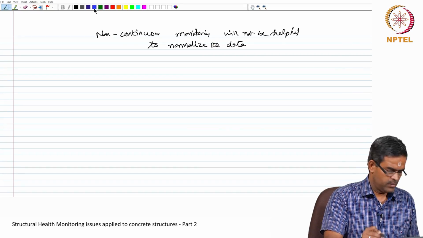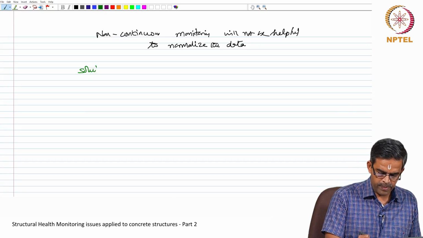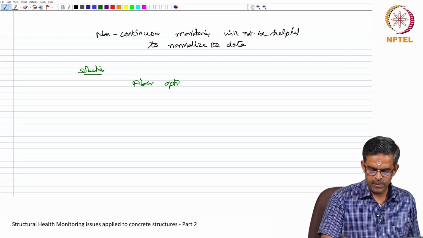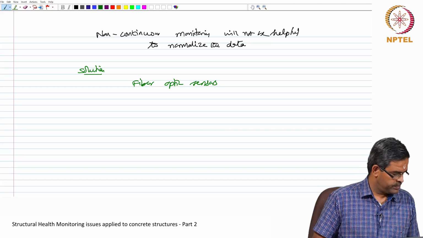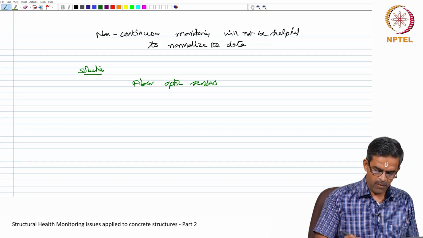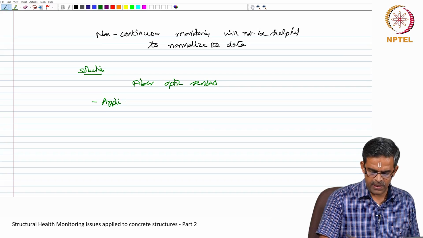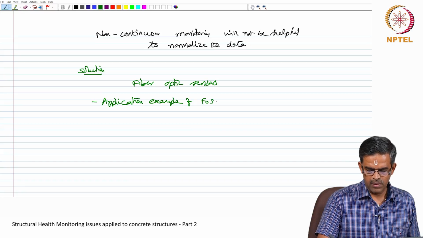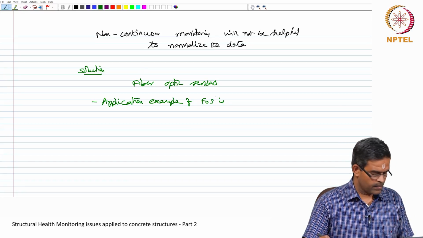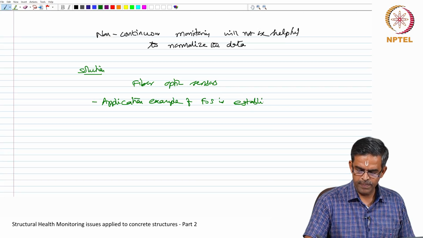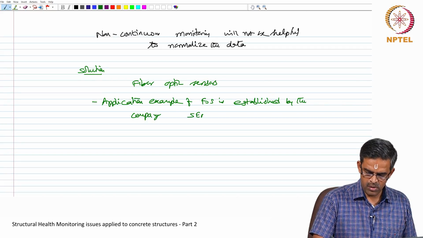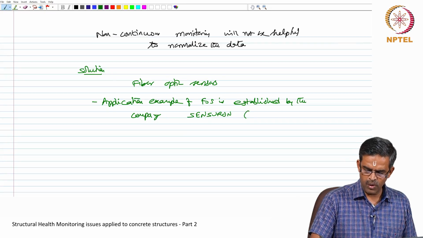Then what is the solution? The solution could be, one can use fiber optic sensors. One of the application examples of fiber optic sensors is established by the company Sensoron in Europe.